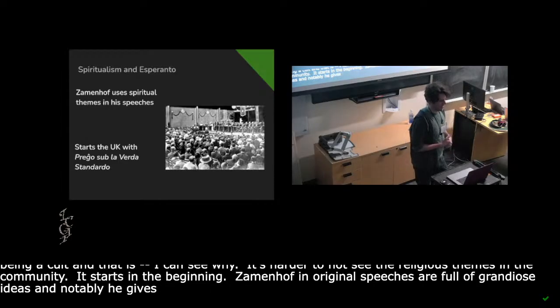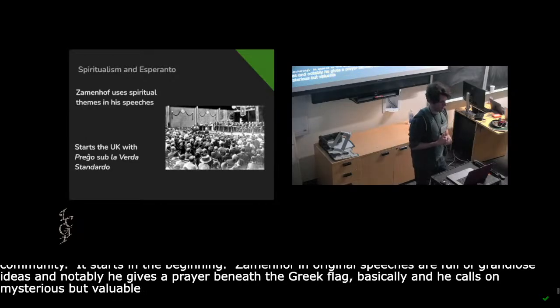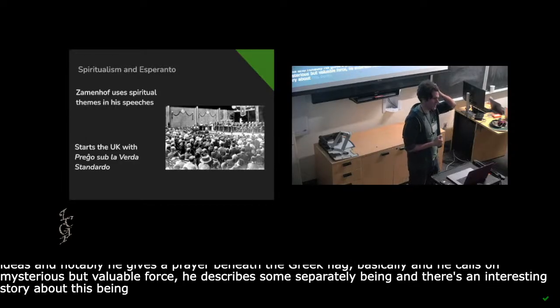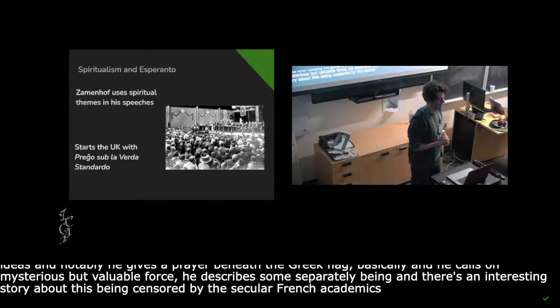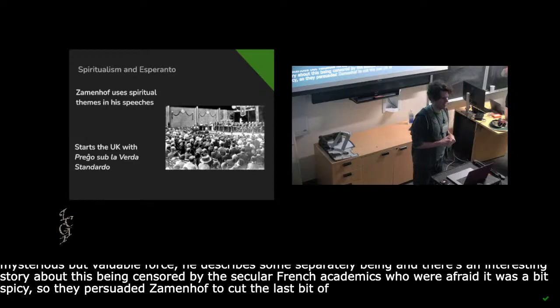He calls upon this mysterious and powerful force, and he uses lots of vague terminology to describe some supernatural being. There's an interesting story about this being censored by the secular French academics who were a little afraid that it was a bit spicy. So they persuaded Zamenhof to cut the last bit, where he called upon all of the Abrahamic religions to come together as one people, very explicitly.